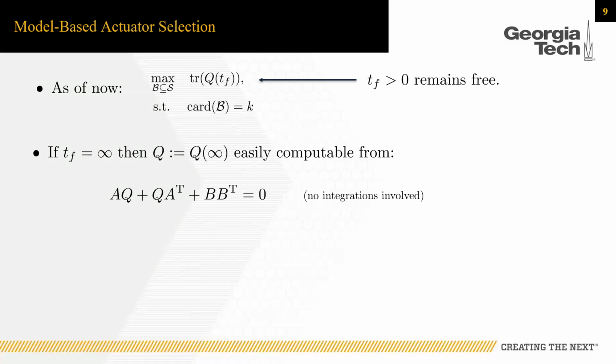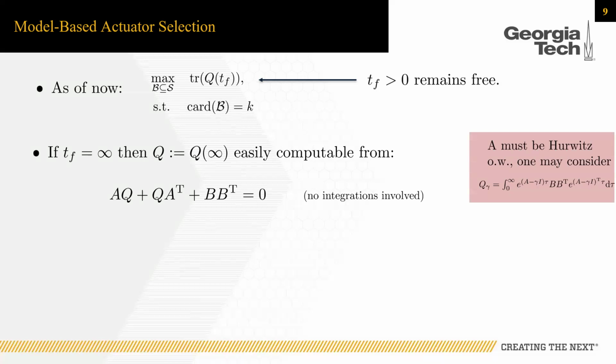If I expand my horizon to infinity, then I have an algebraic equation, so there's no integration involved. I'm sure you know all these things from before. One caveat: since I do actuator placement, A must be Hurwitz, but if I don't assume that A is Hurwitz, I can do this trick where I move the eigenvalues to the left. I'm sure you have seen that in the past as well.